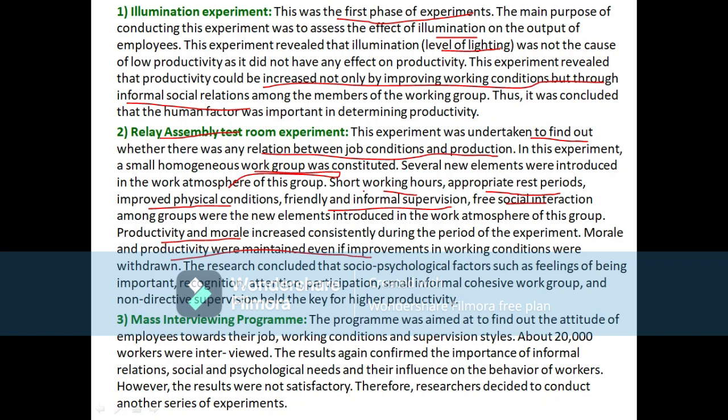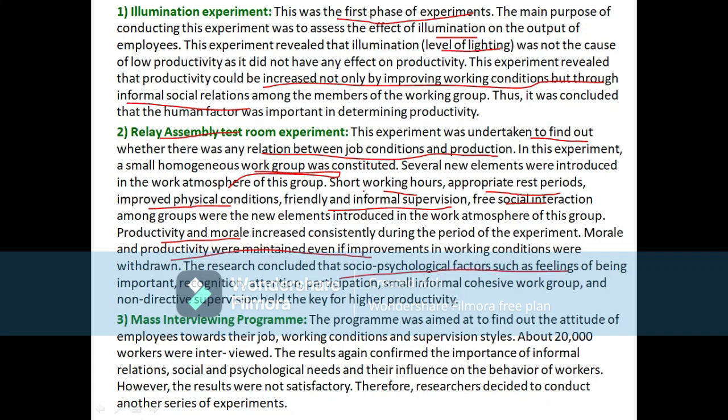So the research concluded that socio-psychological factors such as feelings of being important, recognition, attention, participation, a small informal cohesive work group and non-directive supervision held the key to higher productivity.